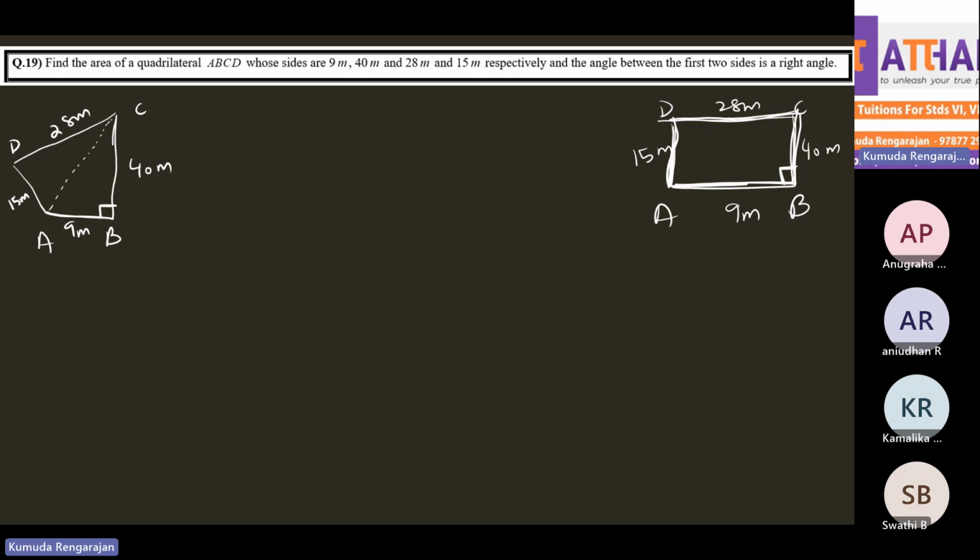Using the square, after putting the 9 terms, take this one. 1,600 plus 81, 1,681. Square root of 1,681 is 41. So we found the side.